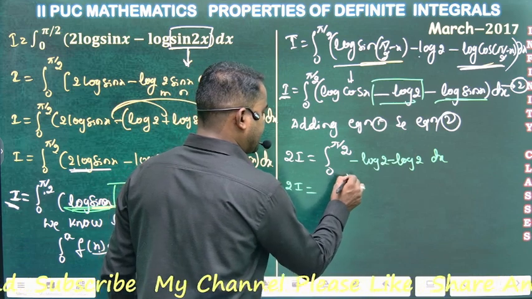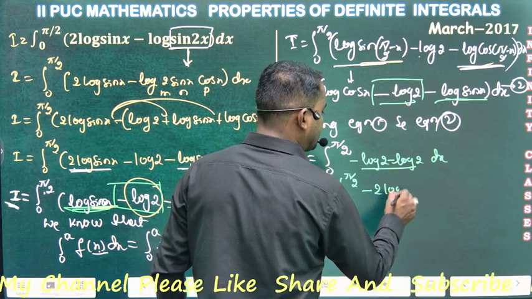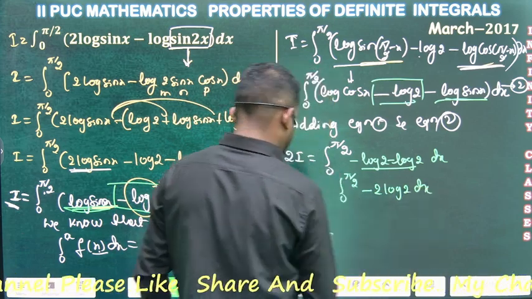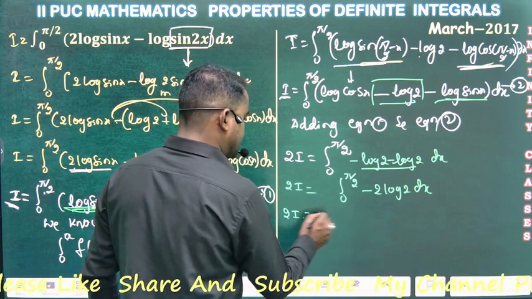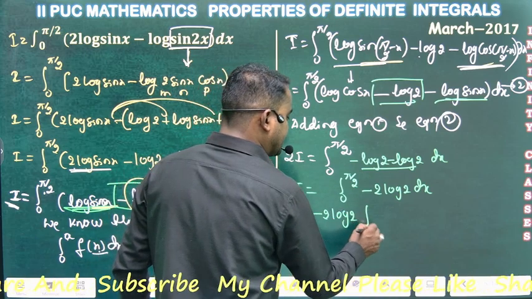So 2I is equal to the integral from 0 to 5 by 2 of minus log 2 minus log 2, that is minus 2 log 2, dx. Then 2I is equal to, take this minus 2 log 2 outside, then the integration of dx from 0 to 5 by 2.